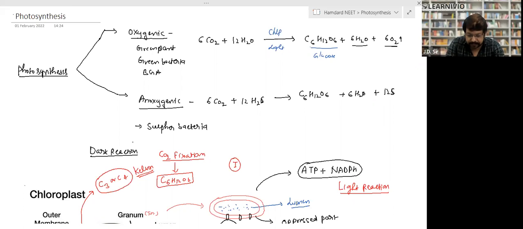Rather, some other molecule like H2S. Full stop.